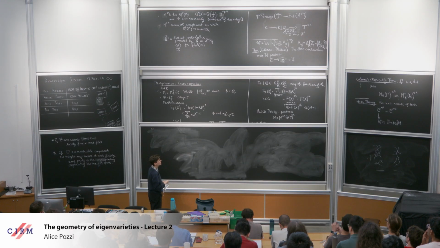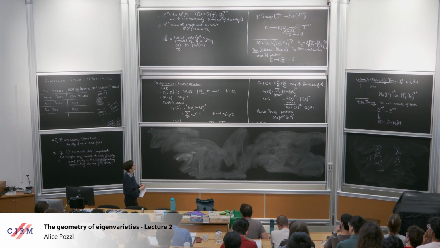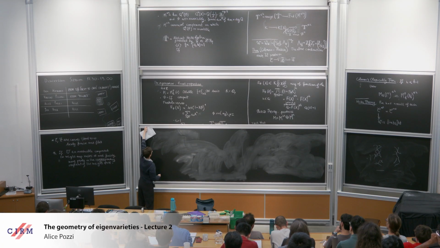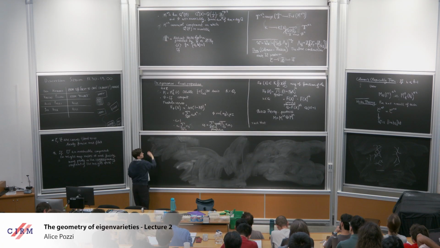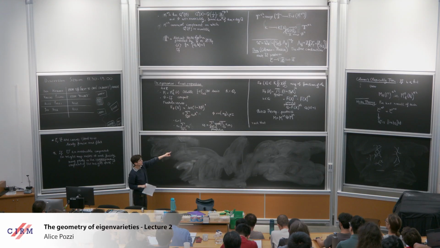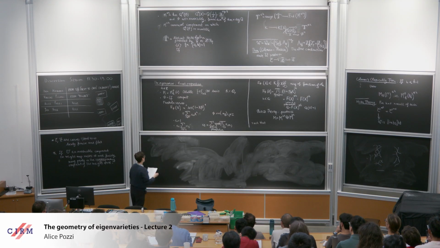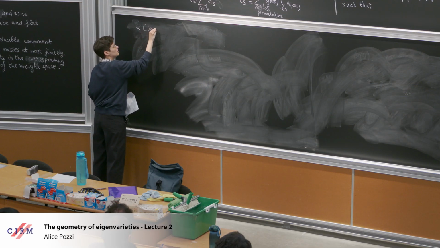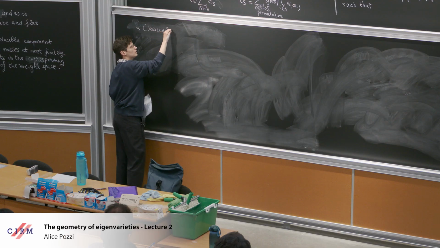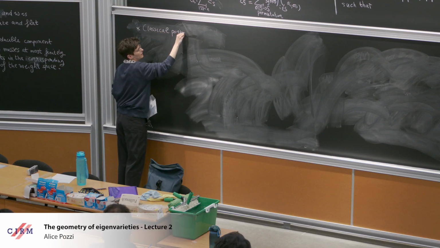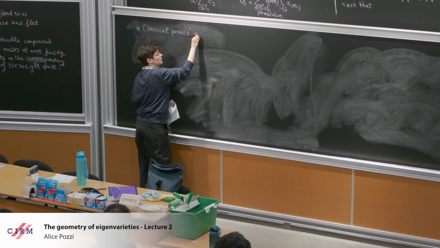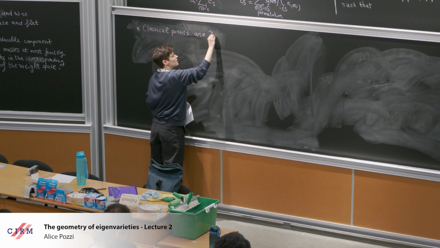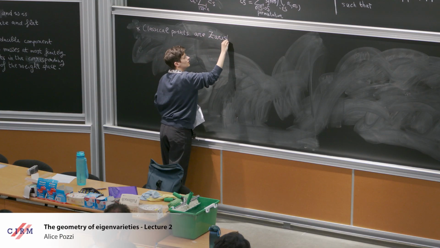Right. So did I state what I meant to state? Yes, the punchline was we can use Coleman's classicality theorem to conclude that classical points, as I've defined them, are Zariski dense.